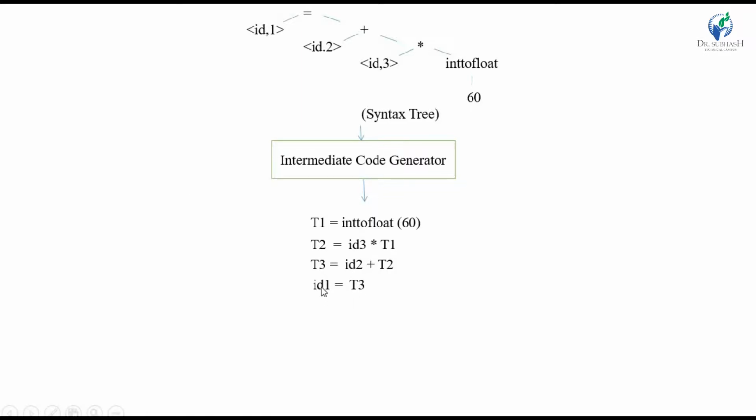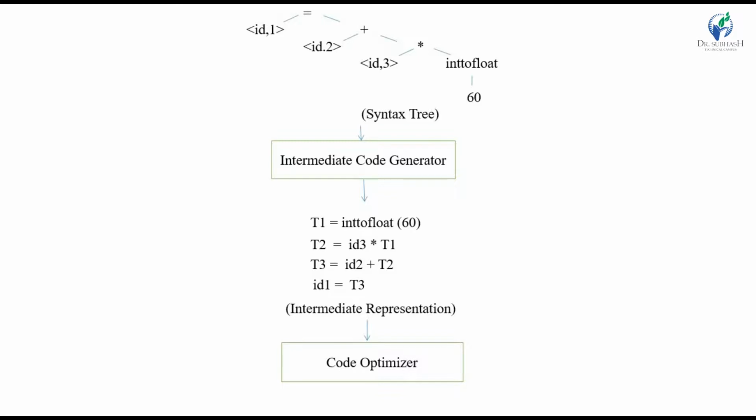The value of T3 is stored in identifier 1. Note that if you generate the intermediate code, then don't change any original form of the expression. This intermediate representation gives the input to the next phase of the compiler, which is the code optimizer.